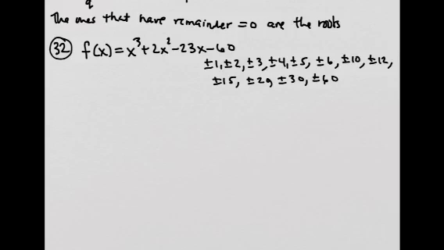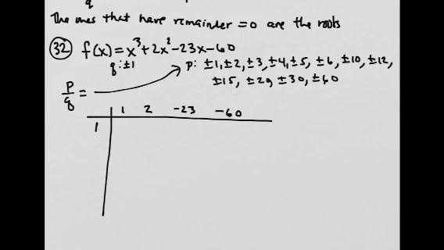Now the good thing is that q is plus or minus 1. These are all p-values. So your p over q is going to be basically this list right here, because you're going to put them all over 1, so it's going to stay the same. So now we're going to use synthetic division to find the roots, the zeros.